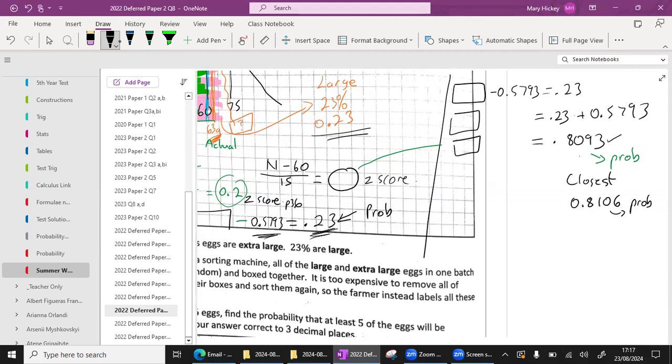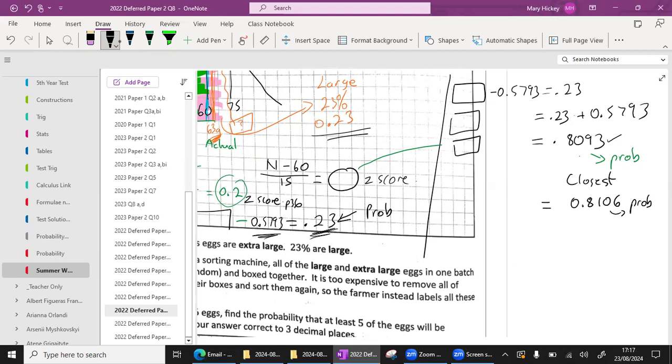Now, what I'm looking at there is still a probability. But now that I have a probability that is present in the table, I can reverse and go, well, what was the Z-score that matches that? So that's my probability. So what is the Z-score that matches that?